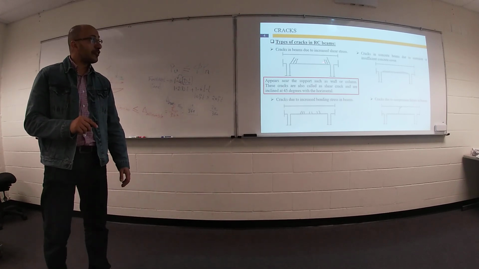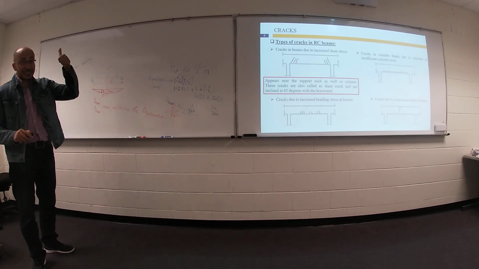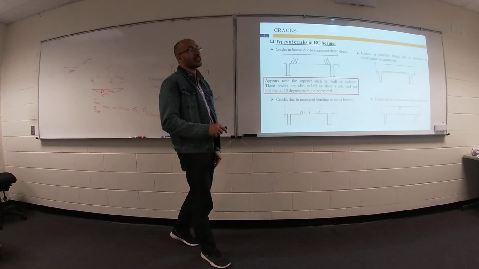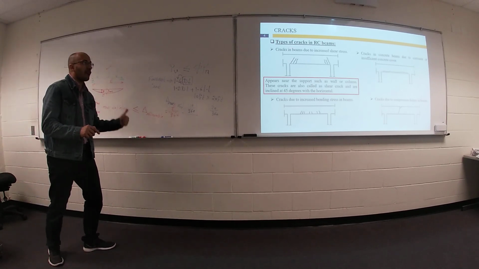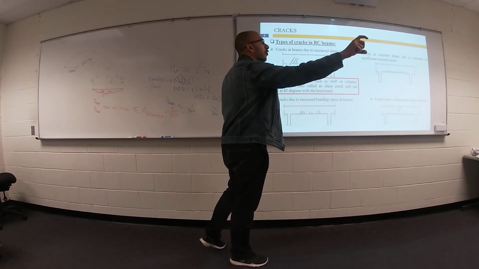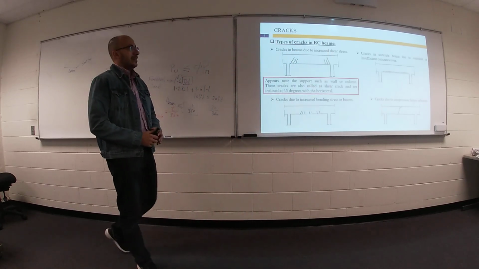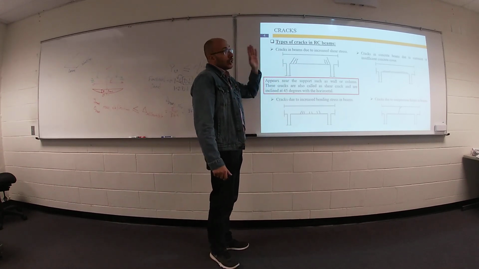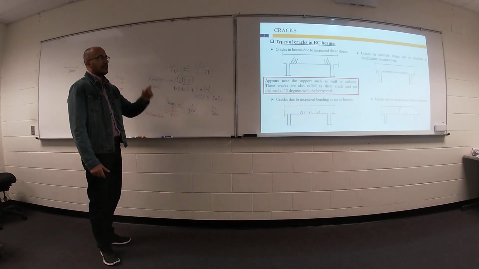Two conditions: first, cracks near supports; second, inclined cracks at almost 45 degrees. These cracks occur because you didn't provide enough shear reinforcement at this location and this location.